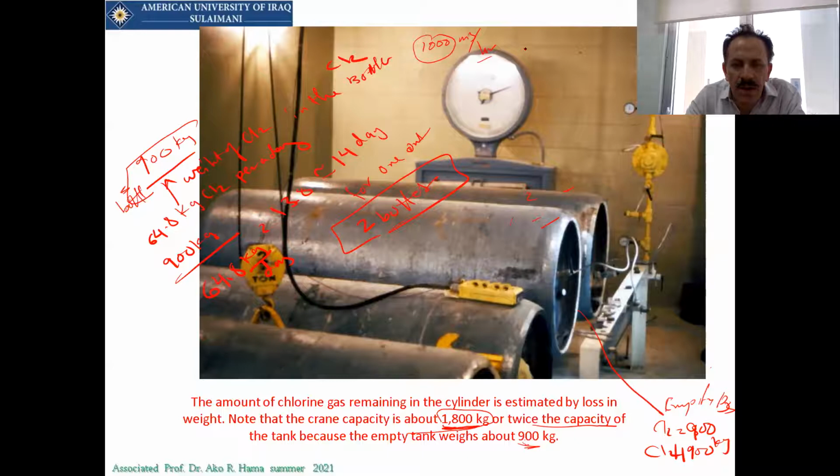The treatment plant is 12,000 meter cube per day. So it means that for every 1,000 we need 2 bottles per month. So 12 times 2, at least 24 bottles of chlorine gas per month.